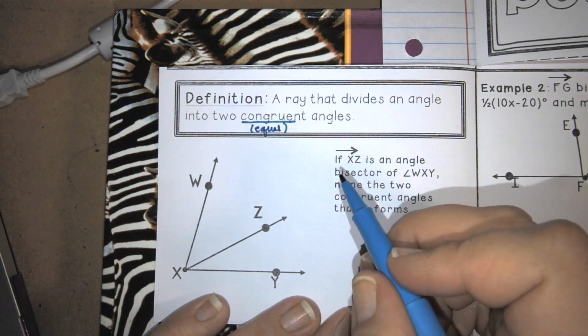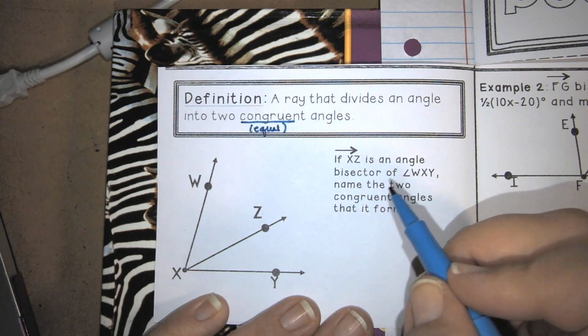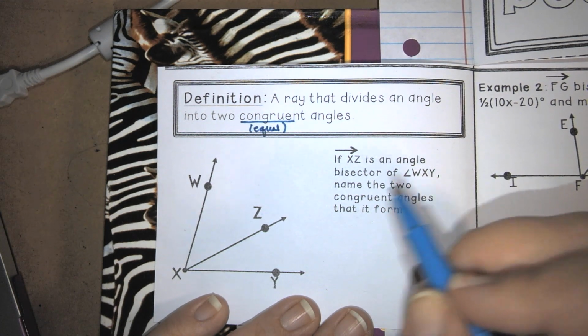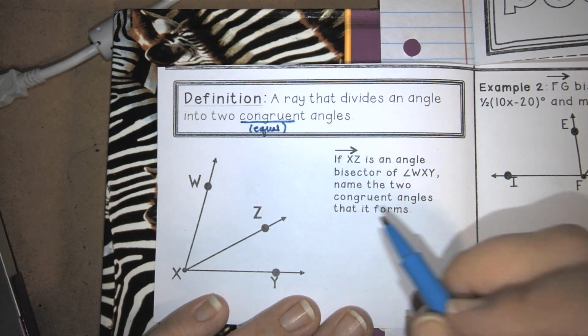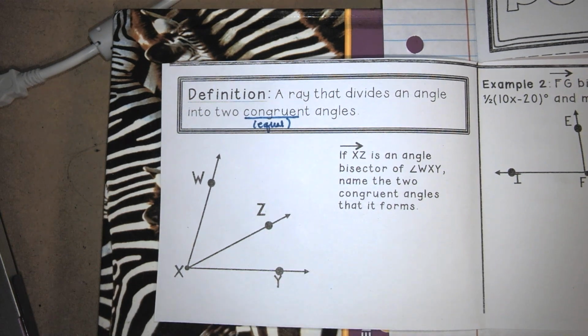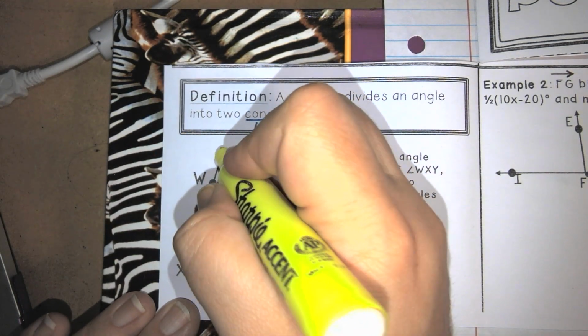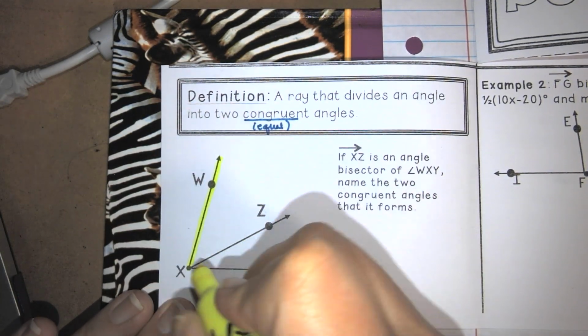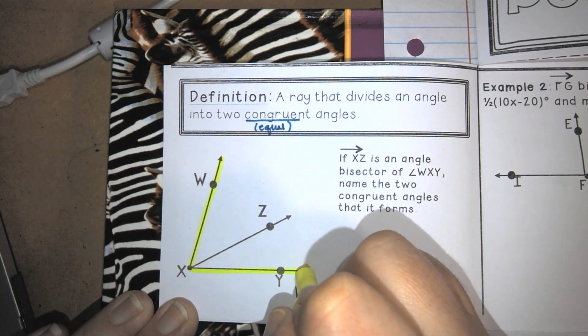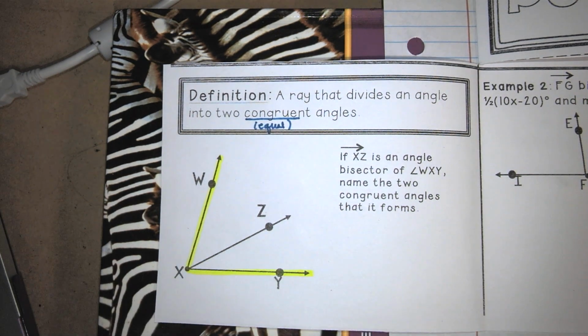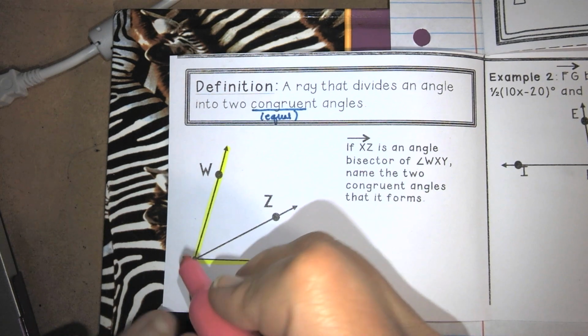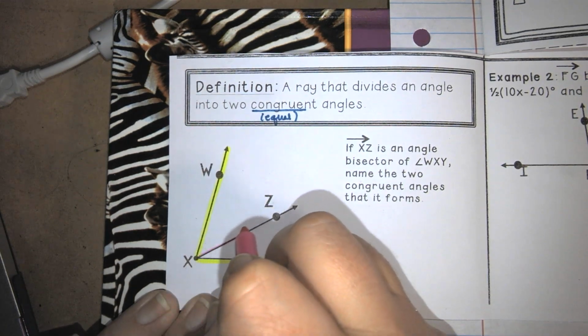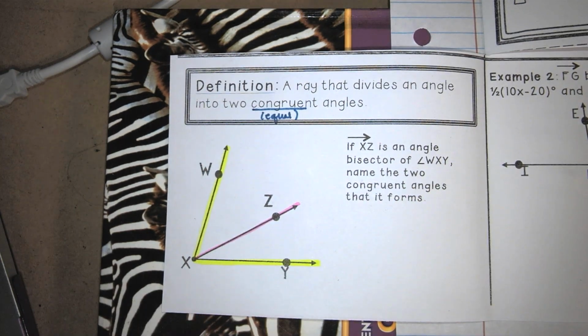So, if XZ is an angle bisector of angle WXY, name the two congruent angles that it forms. So if we think about this angle WXY, that is getting cut in half by this angle bisector XZ.